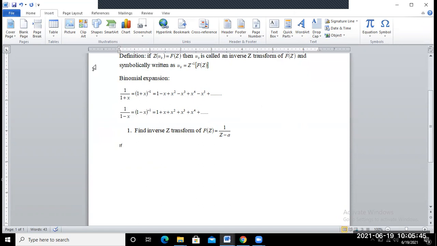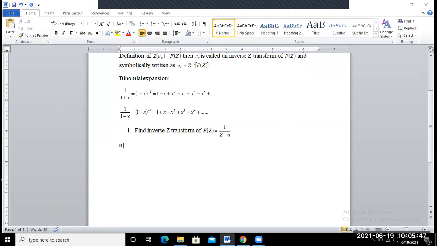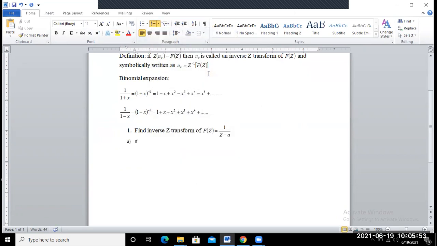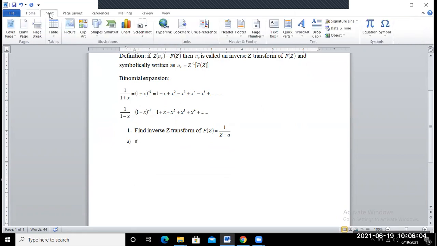In part A, that means if magnitude of z is less than magnitude of a. Okay, magnitude of z less than magnitude of a.